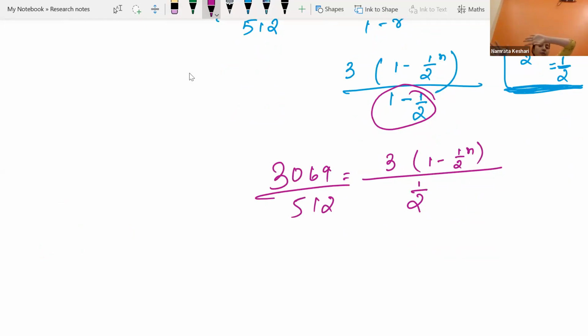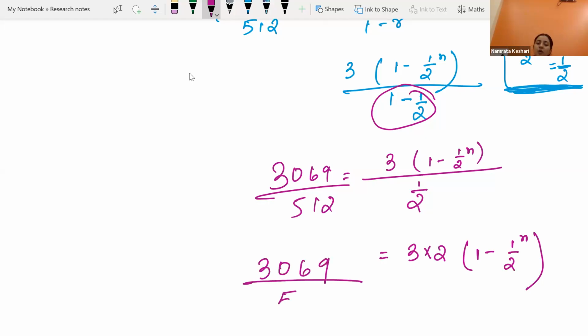On the right side, something divided by 1 by 2 means multiplied with 2. Can I write this 2 over here? Yes ma'am. So basically here we are having 6. This 6 we will shift to the other side, we don't have any option.